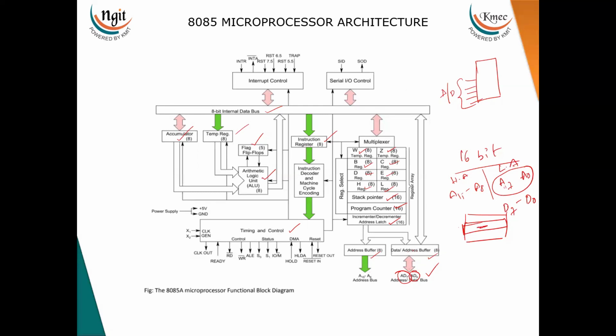Now whatever the data is there, that will be placed again in the same lower order. So data will be placed on this bus, and again it will be stored into this data buffer. Now again it will act like a data buffer. So data will be stored here, and after that through this, which is also again a data bus, to the internal data bus.